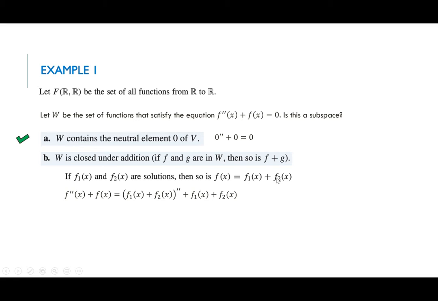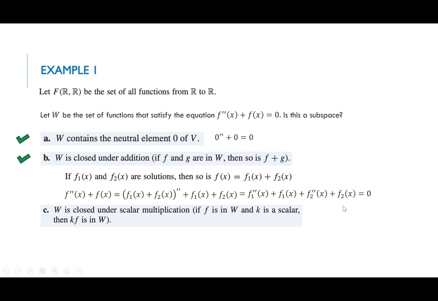Well, f of x was f1 plus f2, plug it in. The derivative of a sum is the sum of the derivatives. Then a little rearranging: put the second derivative on f1 and group it with f1, and the second derivative of f2, group it with f2. Since f1 is a solution, f1 double prime plus f1 is 0. Since f2 is a solution, this is 0. Yep, it's 0. f1 plus f2 is also a solution.